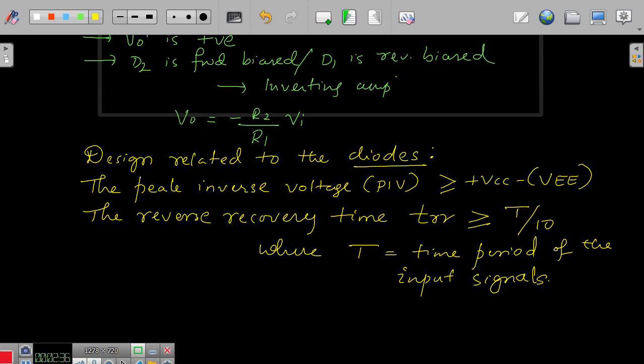Whenever there is continuous switching between the open loop and closed loop in the rectification process, the diodes should be given certain time for the recombination of the charge carriers. That time should be at least T divided by 10, where T is the time period of the input signal. These are the two aspects we saw in our previous class, and based on this, let us look into one simple example today.